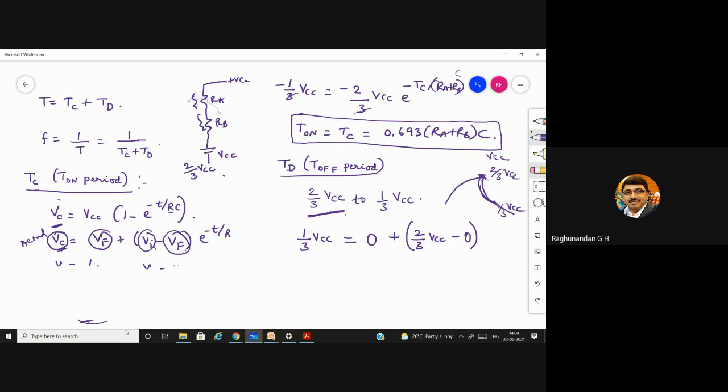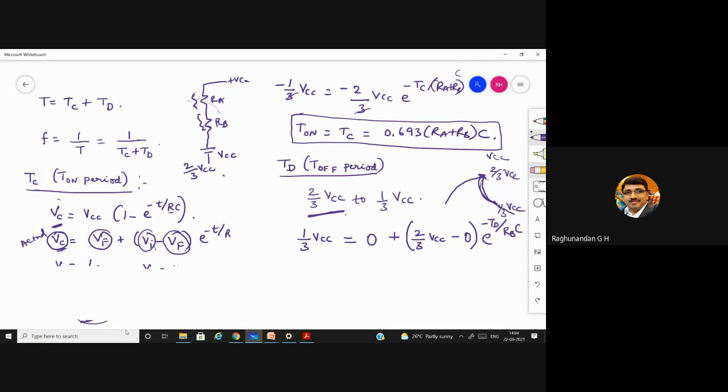So again, e to the power of minus TD by, here you should remember one thing, we will take only RB, not RA plus RB. If you just go back to the diagram, the astable multivibrator diagram, if you have the book with you, you can look at page 322, or the circuit diagram of astable multivibrator using IC 555, the internal diagram.